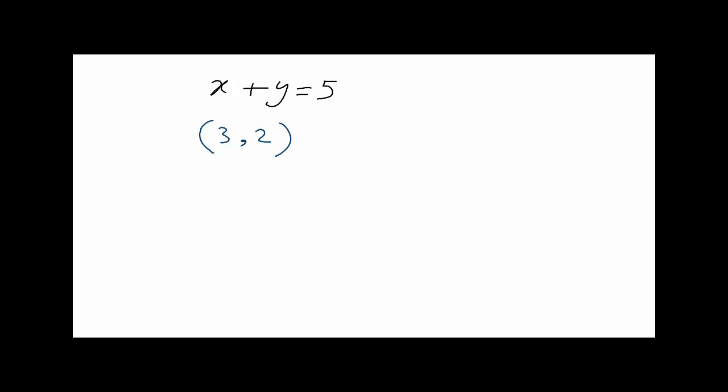This is an ordered pair. The first number represents x and the second number represents y. If this point lies on the line whose equation is x plus y equals 5, then x and y inside this ordered pair satisfy this equation. So to say that this ordered pair is a solution for this equation, we should substitute the values of x and y inside the equation.